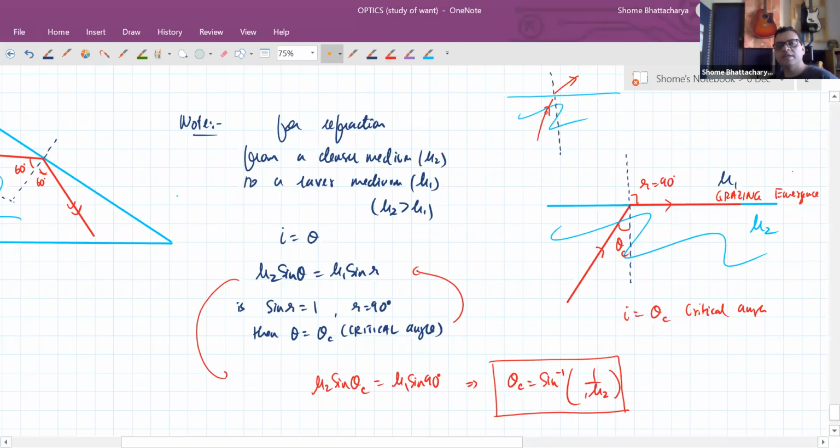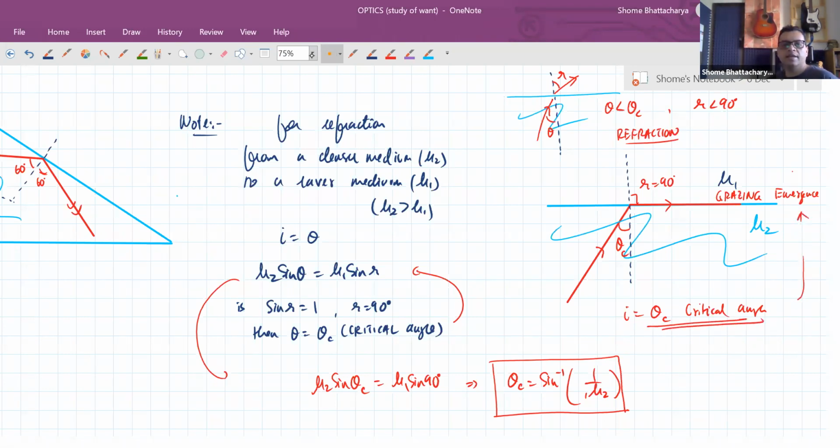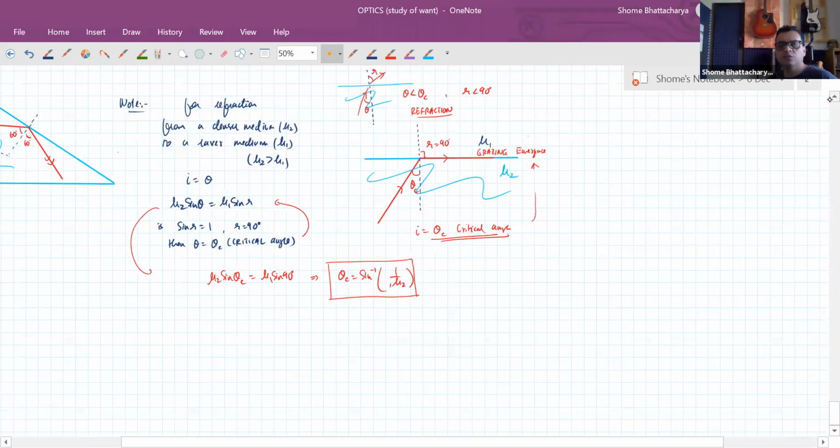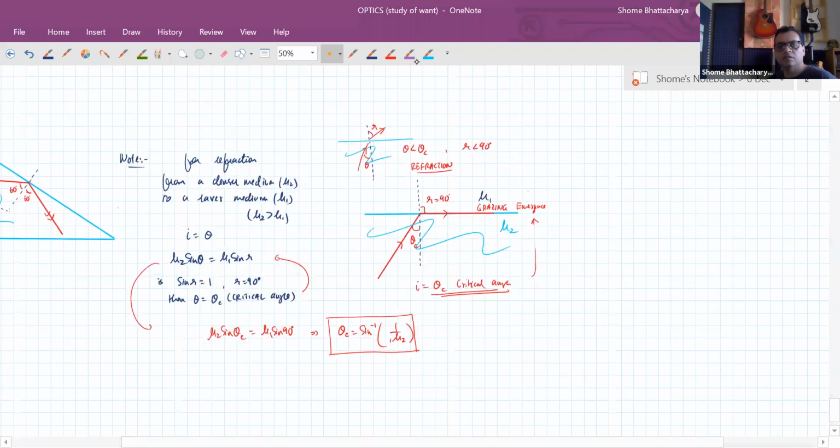It will be a normal case of bending away from the normal. Okay. So theta is less than critical angle, r will be less than 90 degrees. So it's a case of refraction. Okay. But theta equal to critical angle, it becomes a case of grazing emergence. And as you know, when theta is greater than critical angle, it becomes a case of total internal reflection.